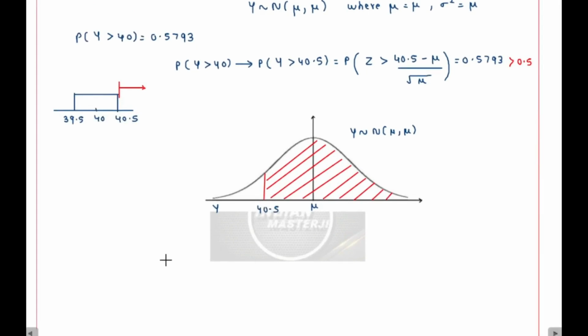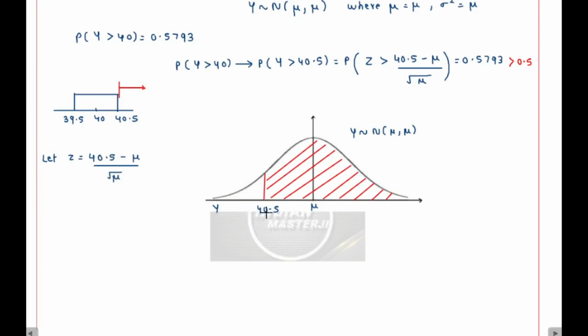Now let's say this value (40.5 minus mu) upon root mu, let's write it with some letter z, that it will represent some value. So let z be equal to (40.5 minus mu) divided by square root of mu.